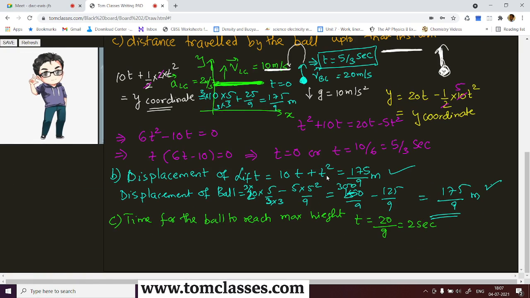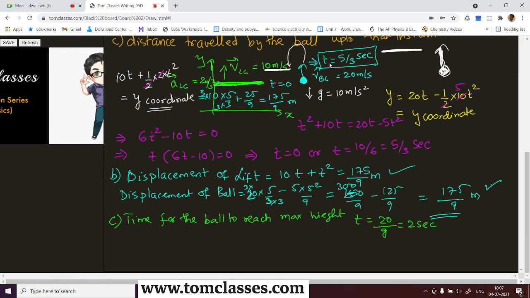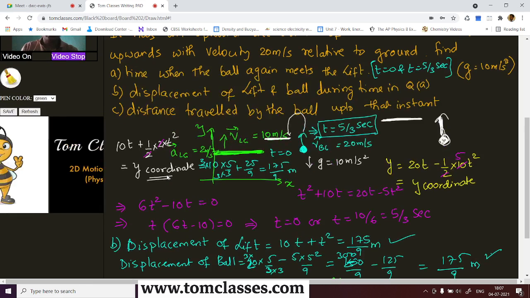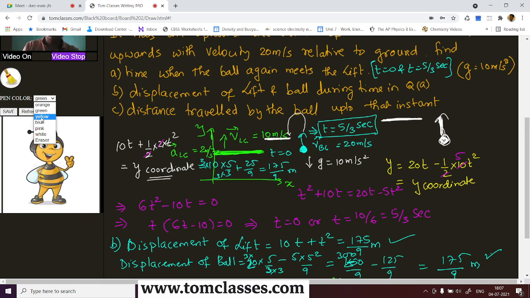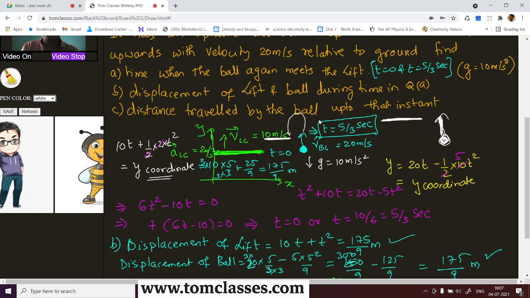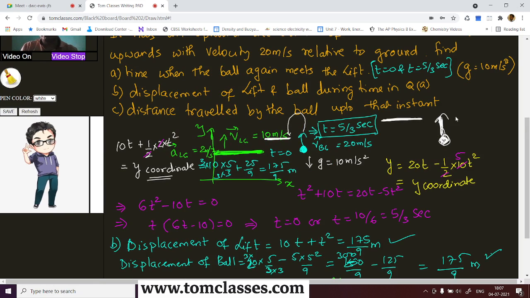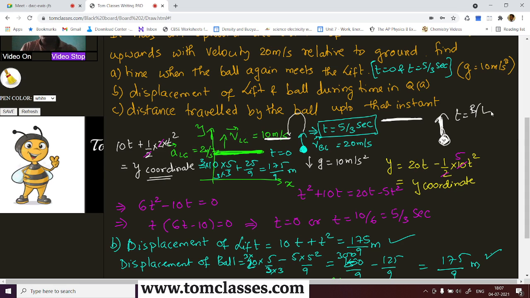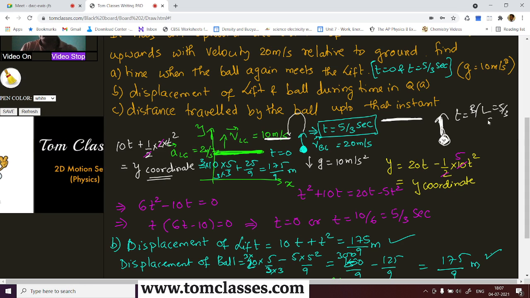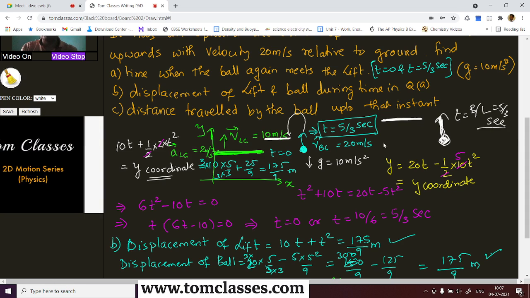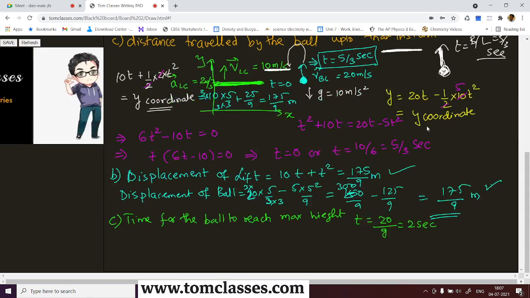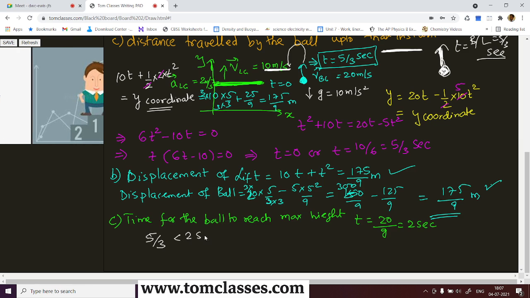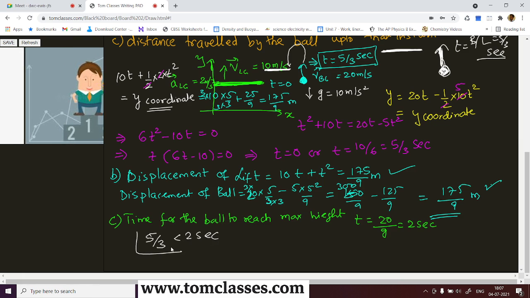But the time here is 5 by 3 seconds. So it is not the first case, it is going to be this case. The time for ball and lift to meet is 5 by 3 seconds, and 5 by 3 is less than 2 seconds.